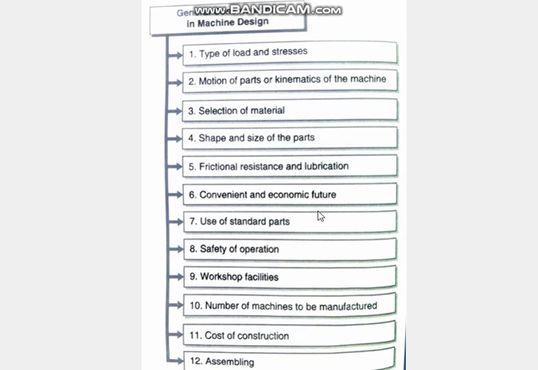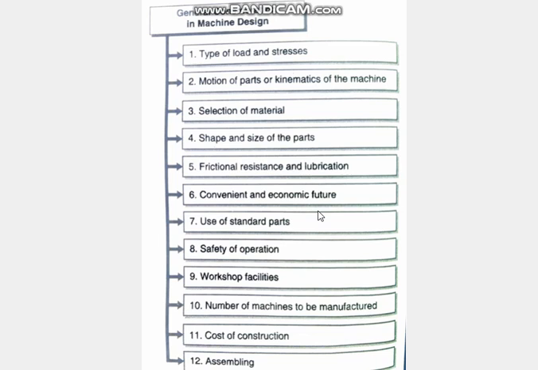When we are designing a machine, we should see whether it is convenient to operate, whether it is convenient for starting, for stopping, for controlling, for handling, and if any part is damaged, broken or worn out, whether a replacement can be done easily.